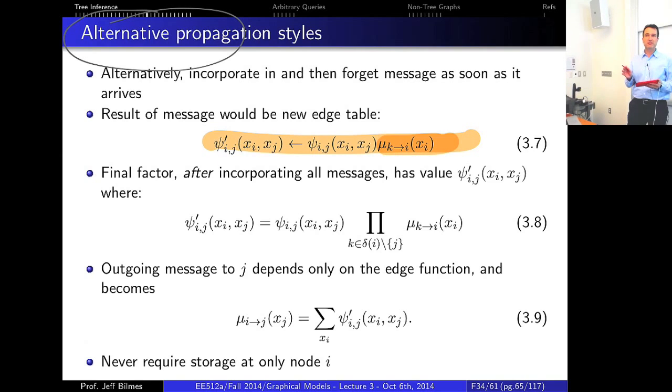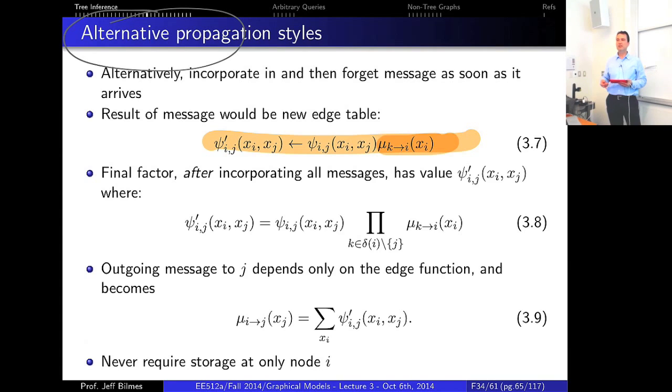You can update the edge potential, and that means that the storage for that array can be seen as a temporary. You don't need to actually keep it around, because you've updated the pairwise potential with the unary message, right? The unary meaning it only involves one variable, pairwise meaning it involves two variables. And since that's a temporary, you can sometimes reduce storage.